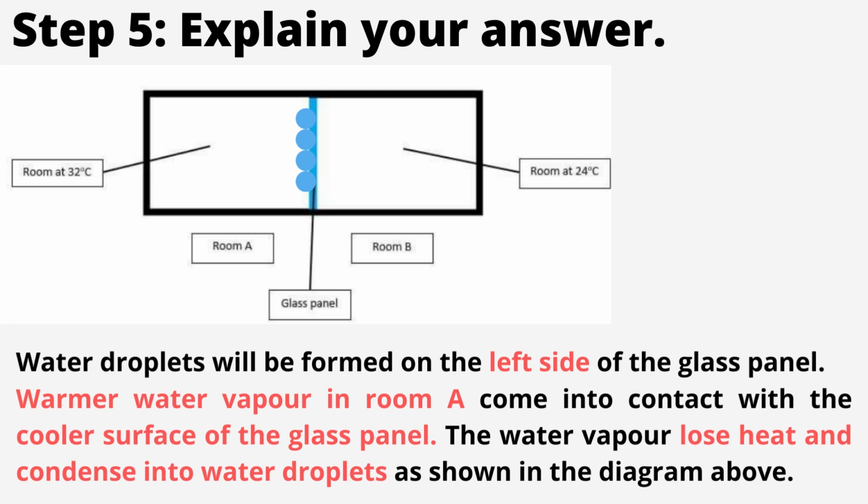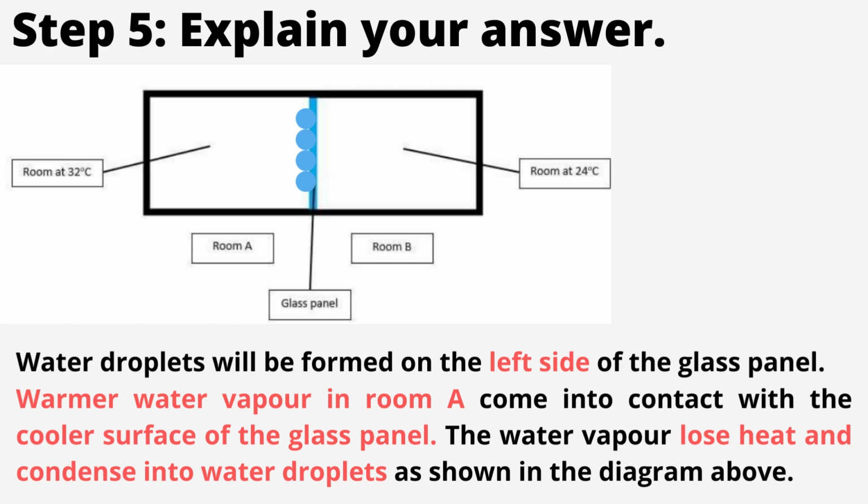The next part comes, and this time round, you've got to really explain your answer using science concept. How did the water droplets form there? We need to be very clear. Warmer water vapor comes from room A, so we have to be clear where it comes from.